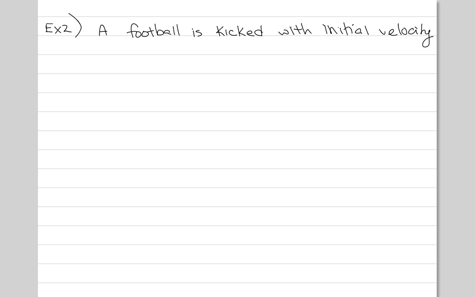Okay, example 2. A football is kicked with initial velocity 25 meters per second at an angle of 45 degrees with the ground.